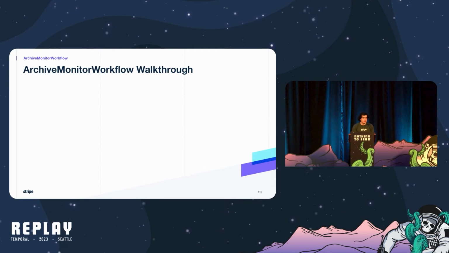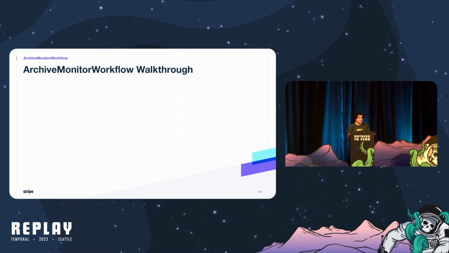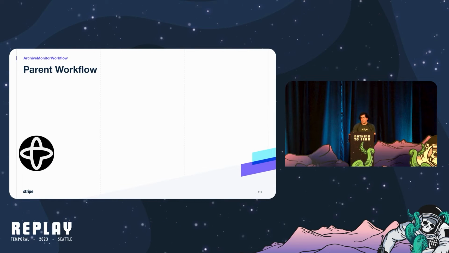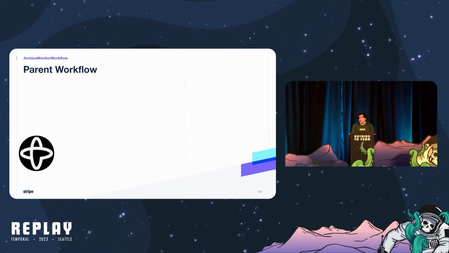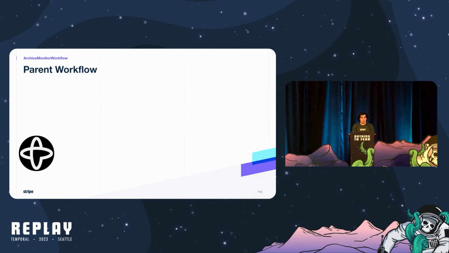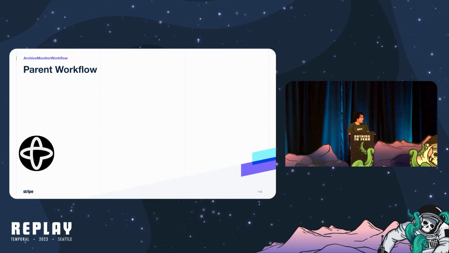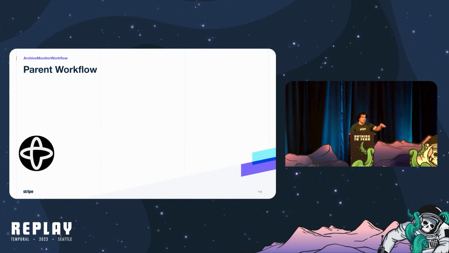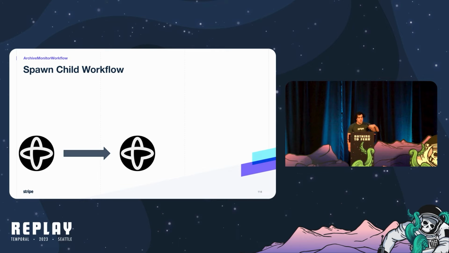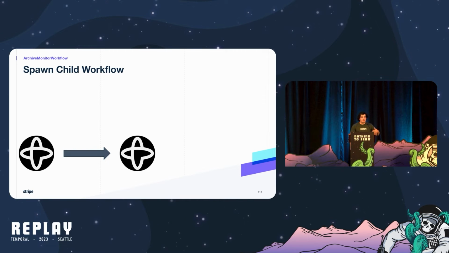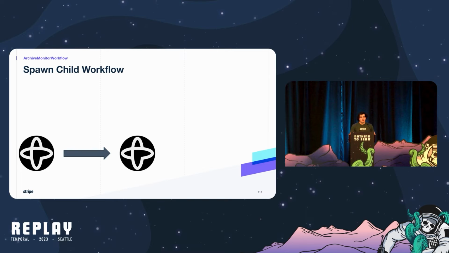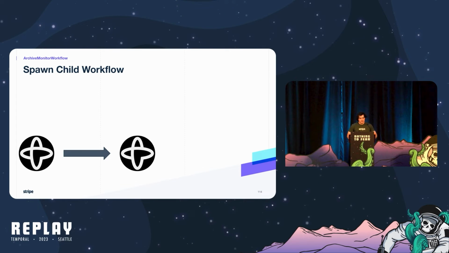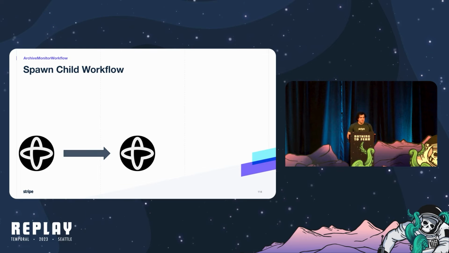So now I'm going to walk through more in depth how this workflow works. Like I said, there's a parent workflow, and one of the members of my team would just execute this workflow at the start. Once it was executed, the parent workflow, which we call the archive monitor workflow, would asynchronously spawn a child workflow, which we call the archive check workflow, and it would abandon it.